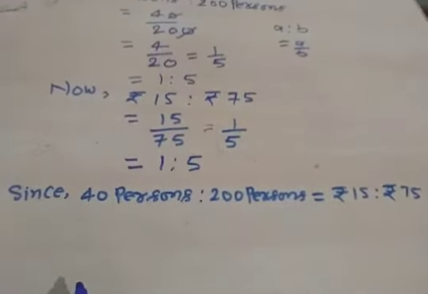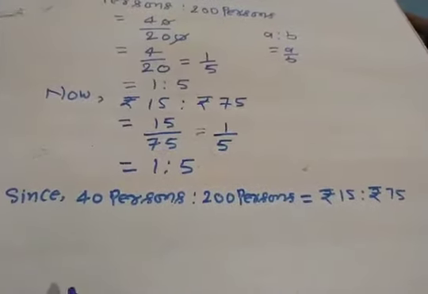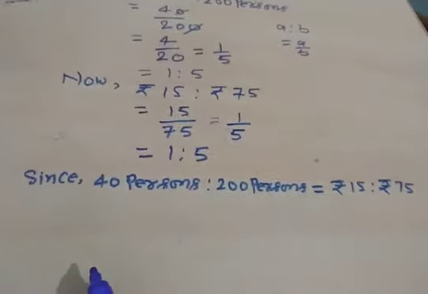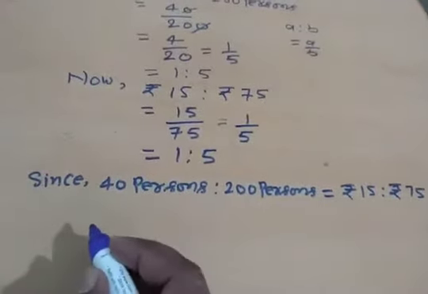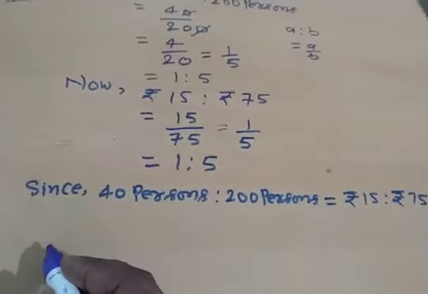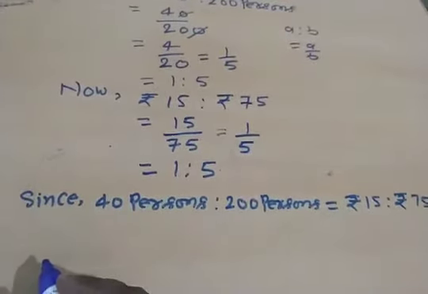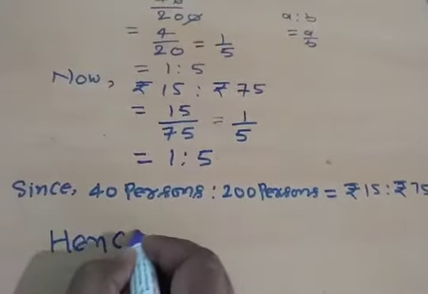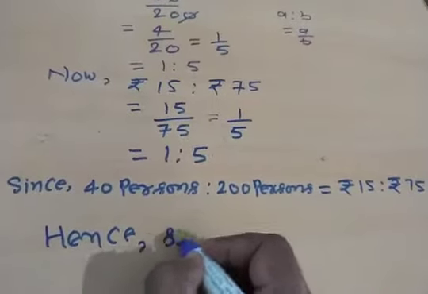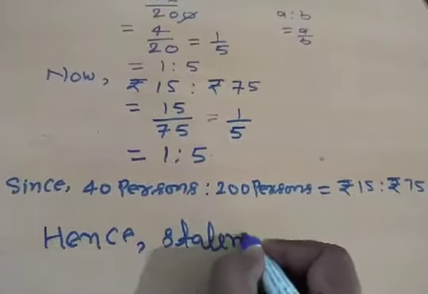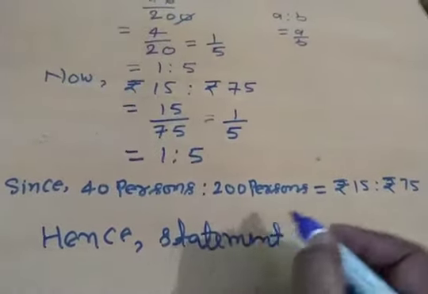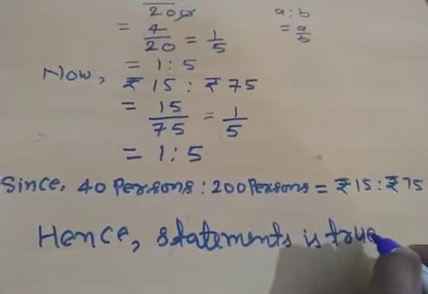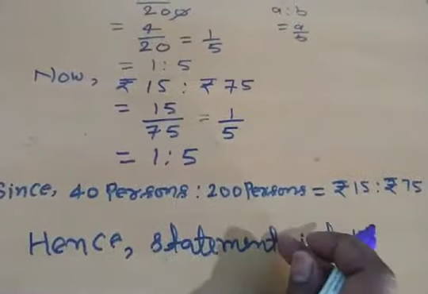Here you can see from the above discussion that since 40% ratio to 100% is equal to rupees 15 ratio 75, hence the statement is true.